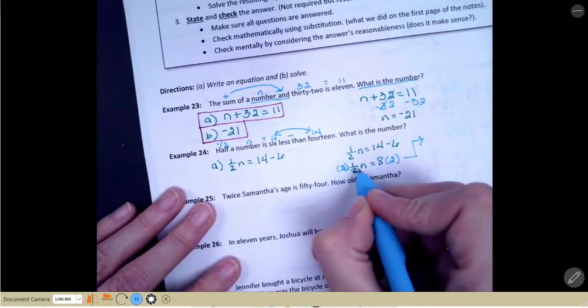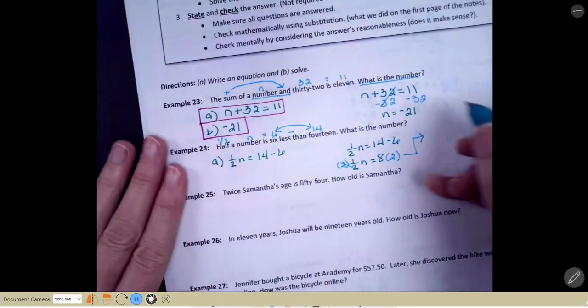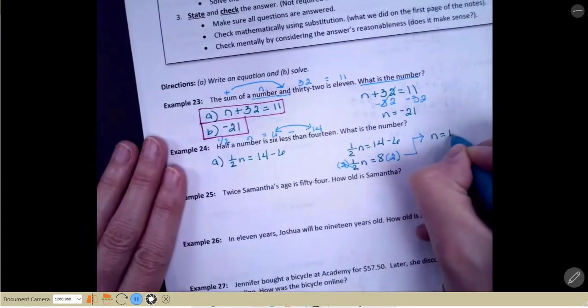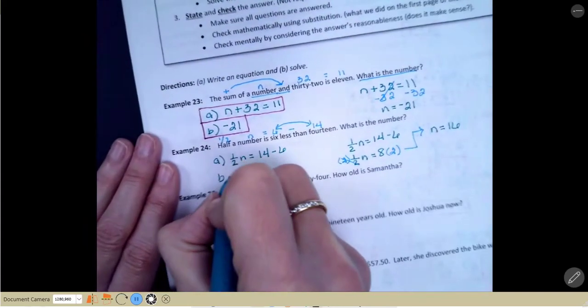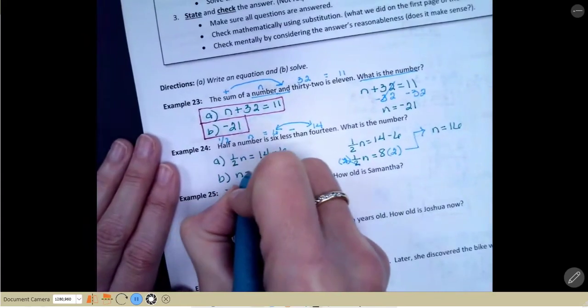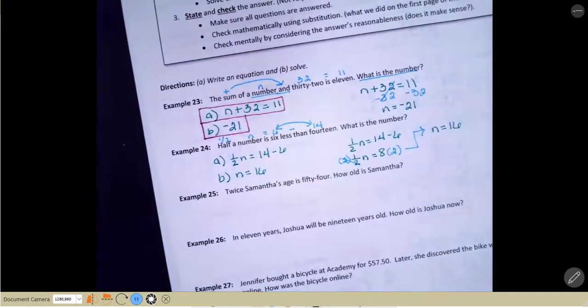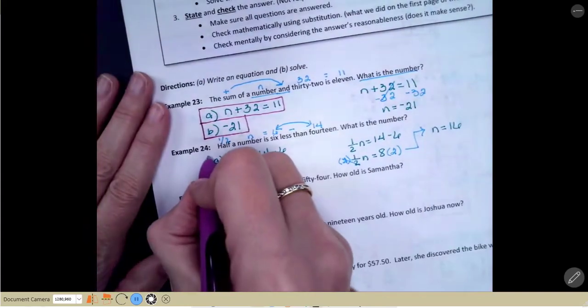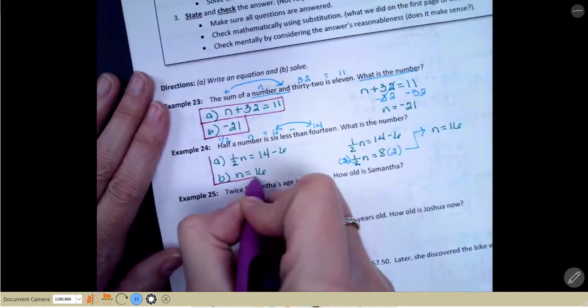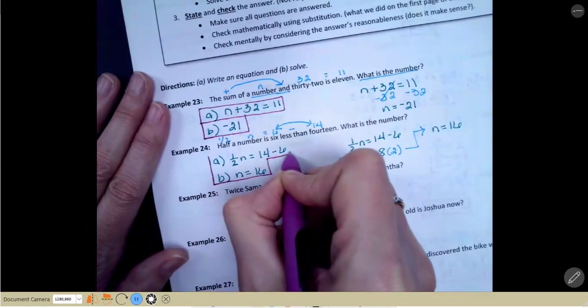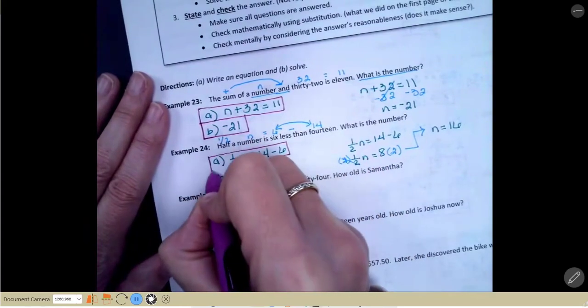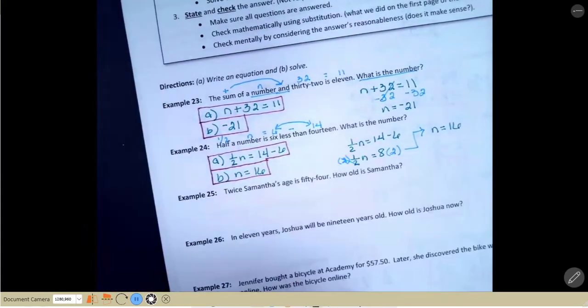Then this cancels out, and I'm left with n equals 16. Any questions about that?